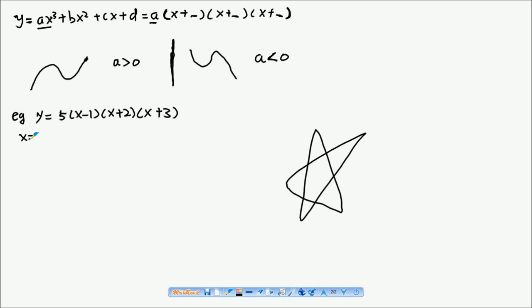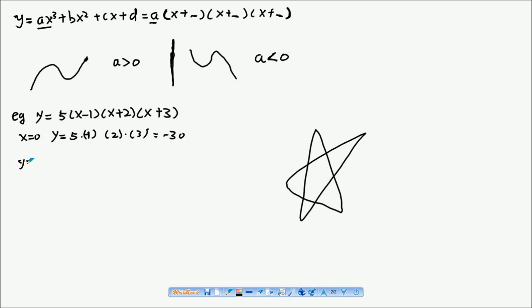When x equals to 0 for the y-intercept, we substitute this number in, y will be 5 times minus 1 times positive 2 times positive 3, which is minus 30. That's our y-intercept.